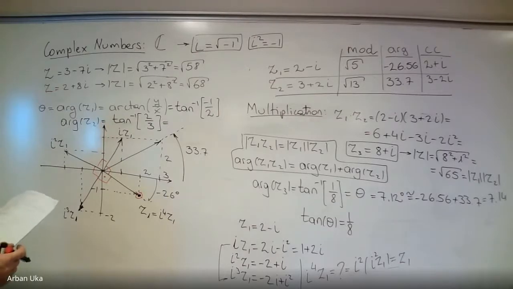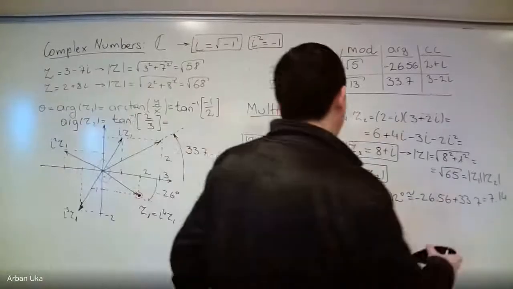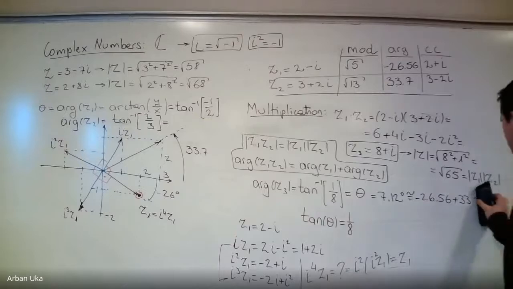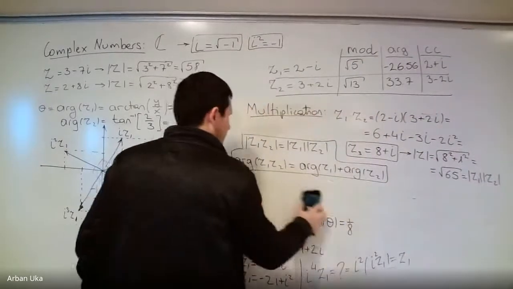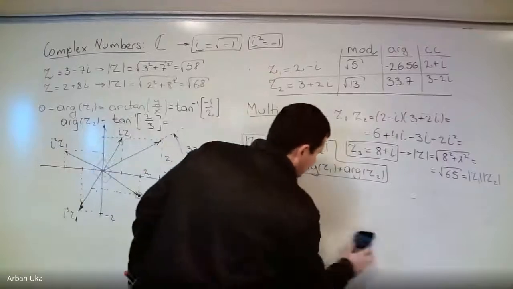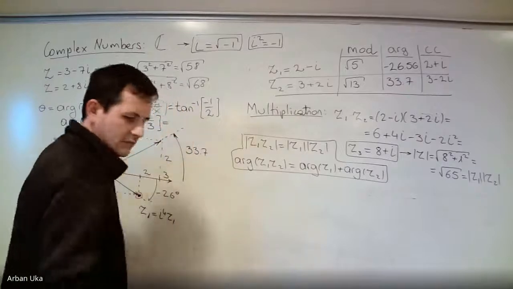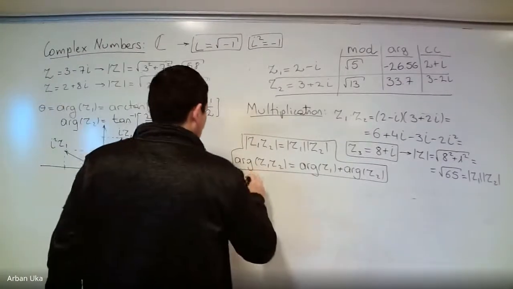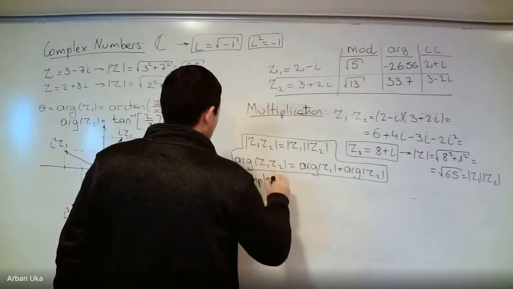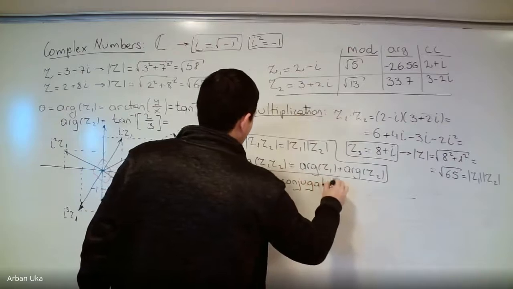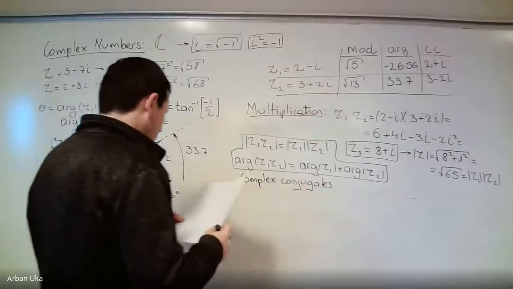And now we talked about the complex conjugates, and the complex conjugates do have some properties. So complex conjugates have the following properties.